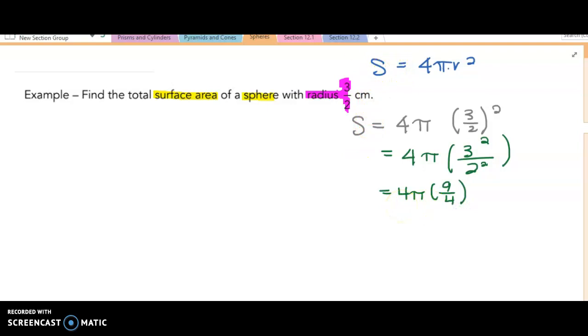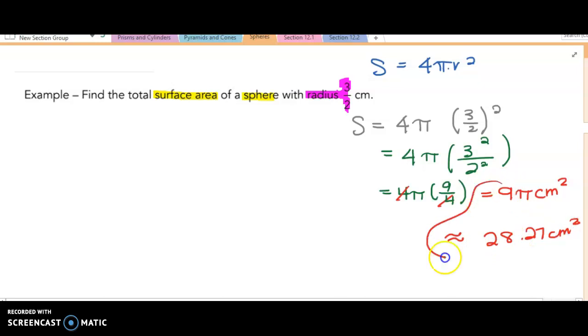Well, luckily for us, 4 goes away. We're left with 9 pi centimeters squared. Or, if I want to put that into my calculator, that's roughly 28.27 centimeters squared.